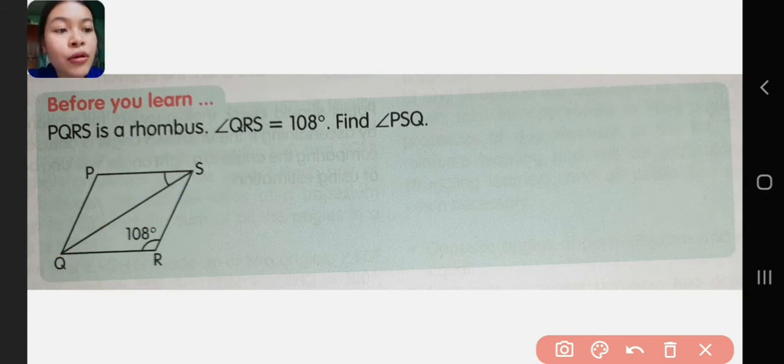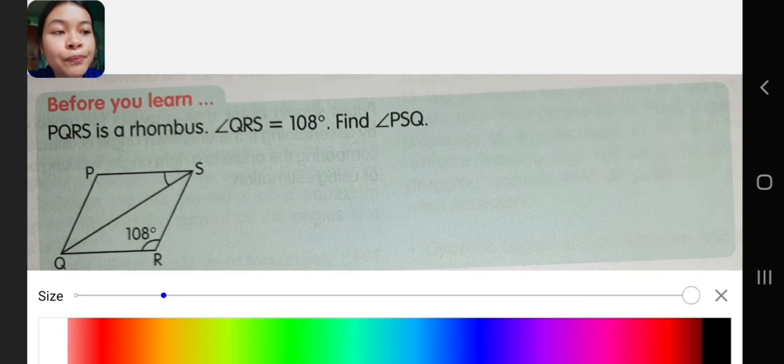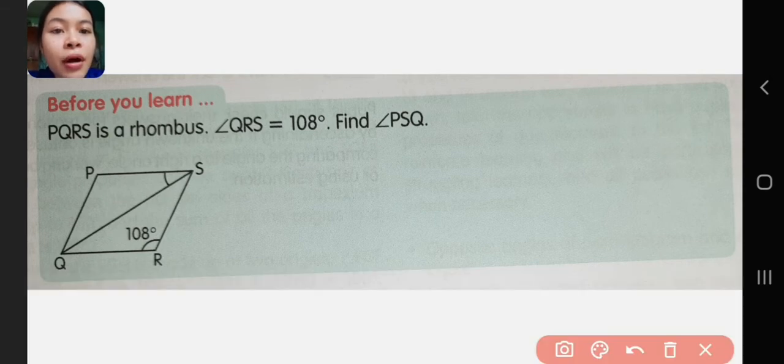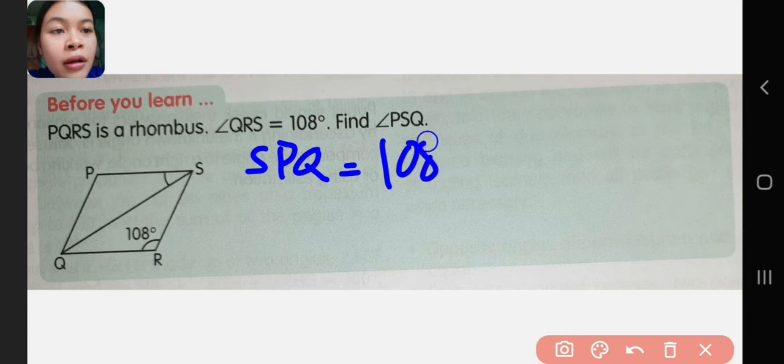Now we're going to learn about rhombus. So QRS is 108 degrees. It means as PQ, the angle that faces it, RQ or QRS, is also 108 degrees. Now we are going to find PSQ.